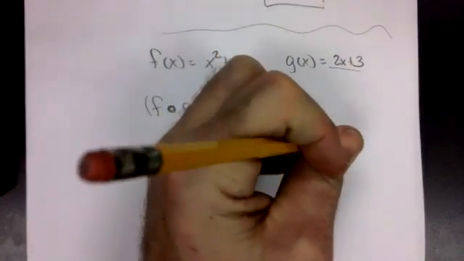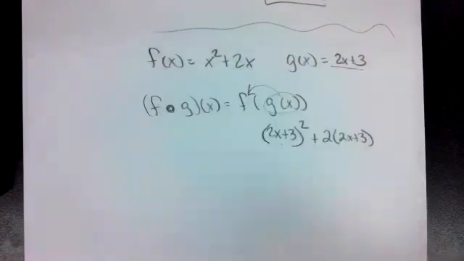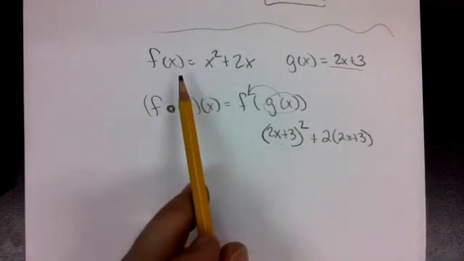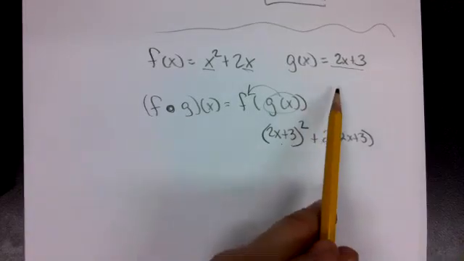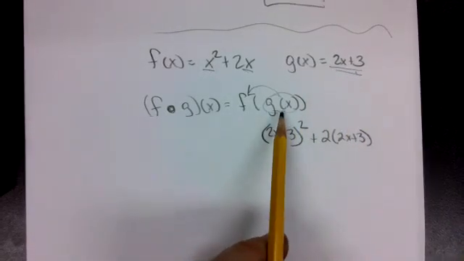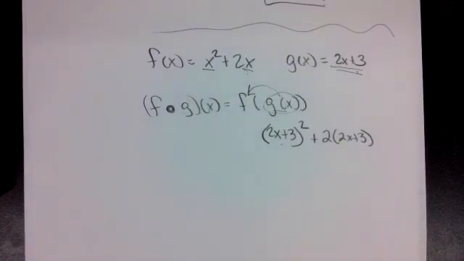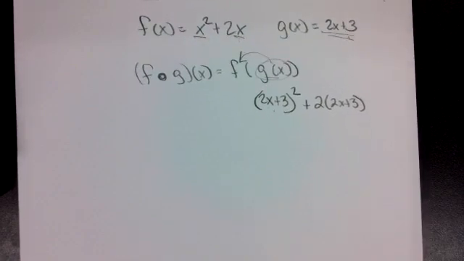And we're also going to take 2 times that 2x plus 3. So f of x tells me to plug in for both of those. So I'm basically plugging my g of x function into both of those.